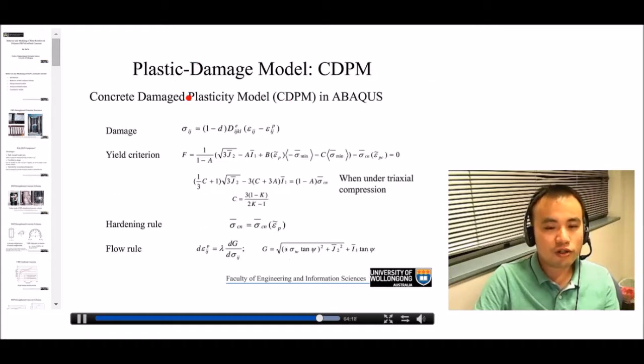Right, here we just use the model in Abaqus as an example. This is the so-called concrete damage plasticity model in Abaqus. So besides the three key components for plasticity models, there's one additional component, which is the damage variable, defined by this equation.